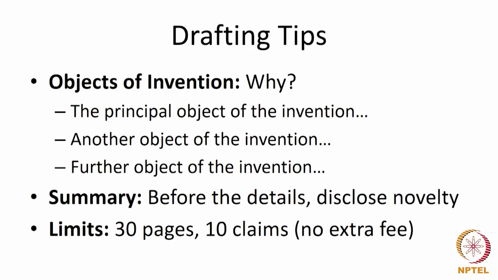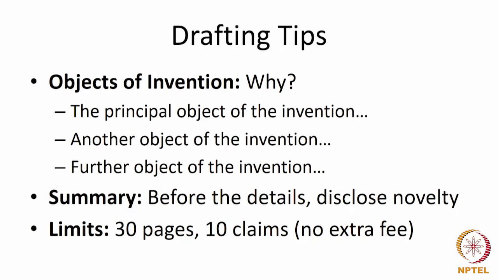Now, one of the reasons you have to mention the object of the invention is that the invention could be questioned if it did not solve any objective, it did not solve any problem, or the invention was not of any use.